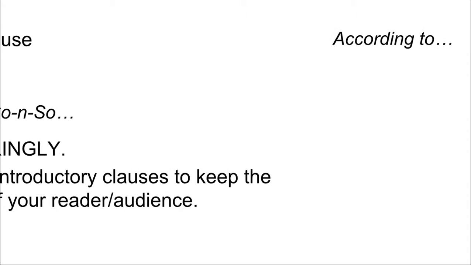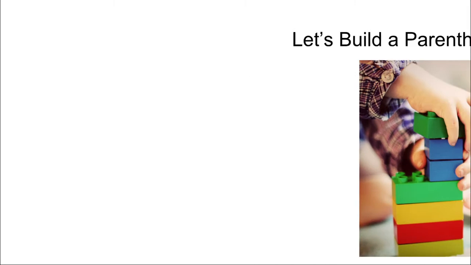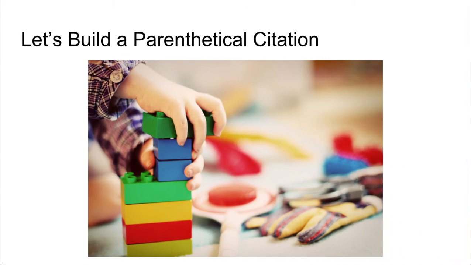Instead, you may want to consider alternatives such as these. If we consider parenthetical citations as part of a building process, you can see how they fit into your writing.